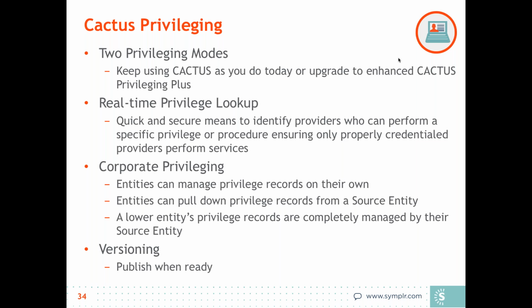We've also got real-time privilege lookup for nurses on the floor who need to understand what kind of procedures providers are allowed to do. And now with corporate privileging, you can establish one entity as maybe corporate and establish rules to copy privileging over from facility to facility, things you couldn't do previously in Cactus. And we all know bylaws change, so you can leverage the versioning functionality to ensure you publish those privileges when you're ready.